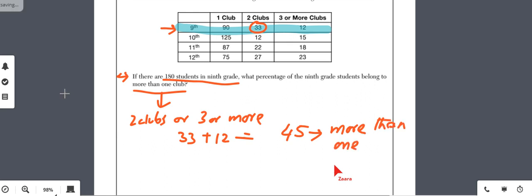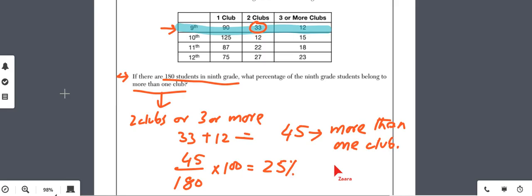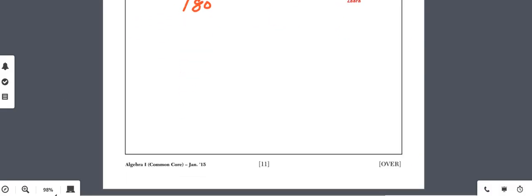Now, the total number of students was 180 in the ninth grade, so we have to find the percentage. So 45 over 180, and we times it by 100 to convert it into a percentage. If you calculate that on the calculator, you will exactly get 25%. Got it? Okay, now let's move to the next question.